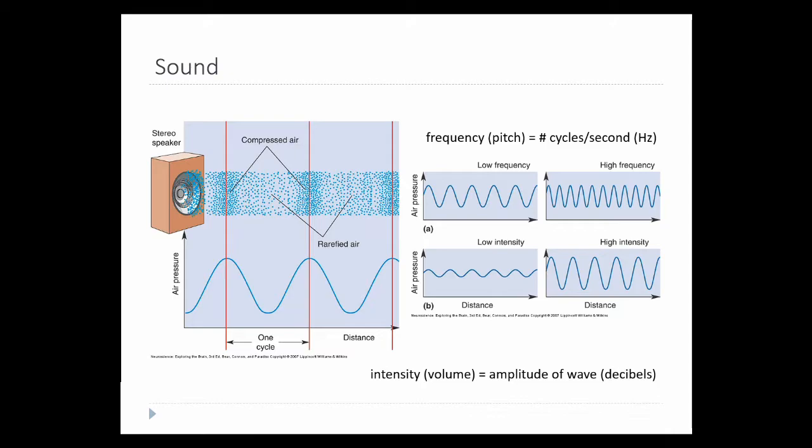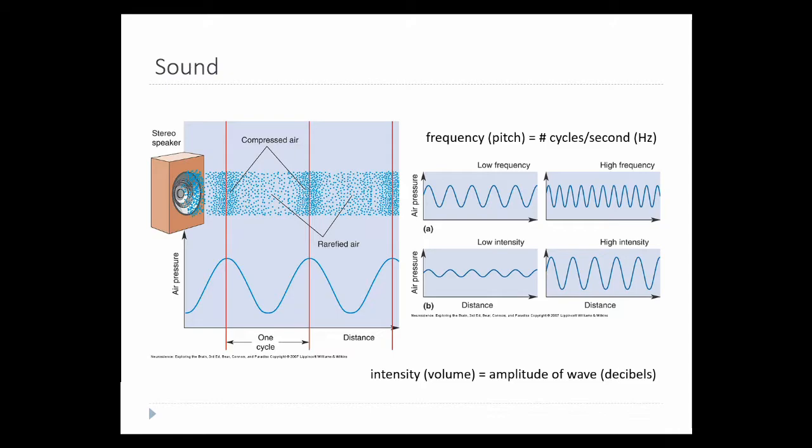So a stereo speaker, for example, is basically just a paper cone, usually, that has a little magnet attached to the bottom. And that magnet is attached to a piece of metal that is then attached to a wire, which connects back to your stereo. So when the stereo wants the speaker to make a sound, it applies a current.